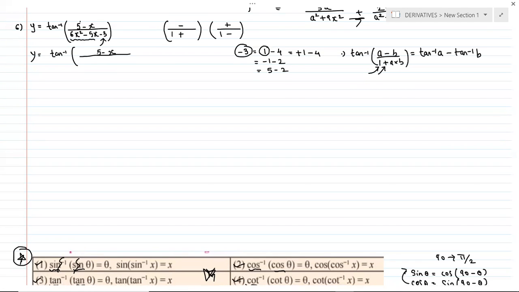So here I will write 1, then plus, keeping this part as it is, 6x square minus 5x minus 4. Just check this 1 and minus 4, you will get minus 3. Yes or no?